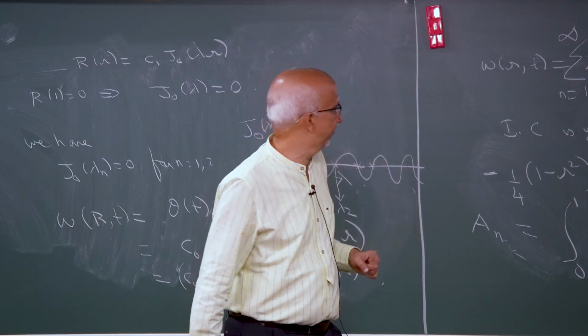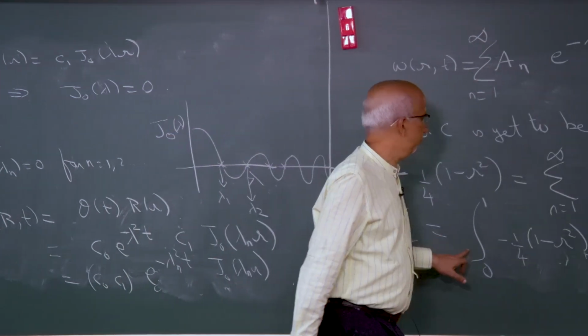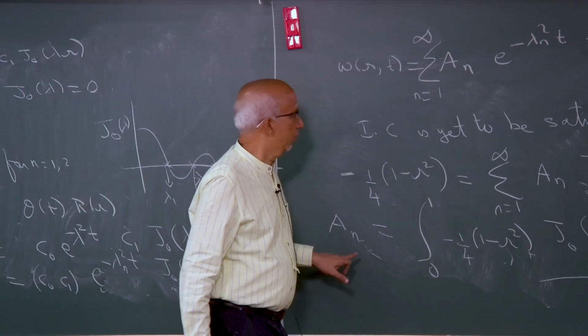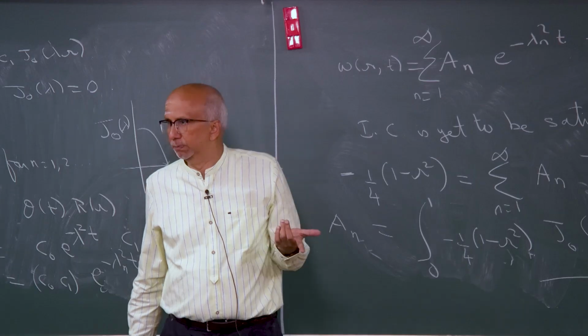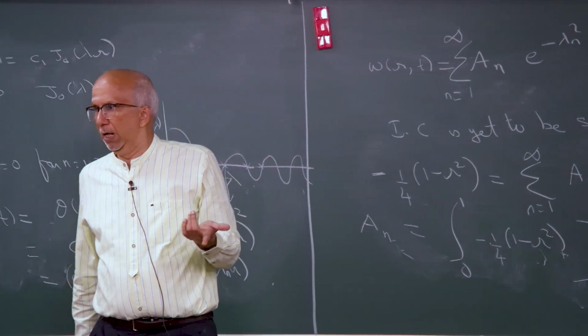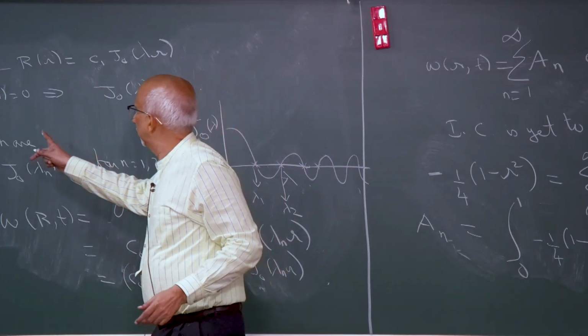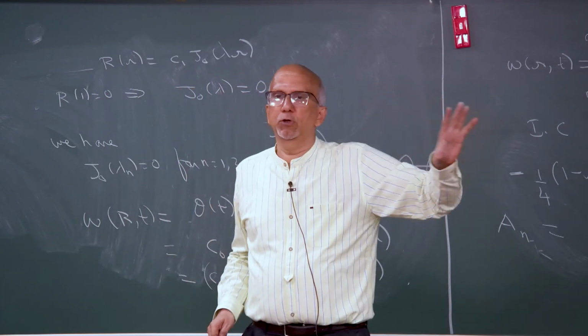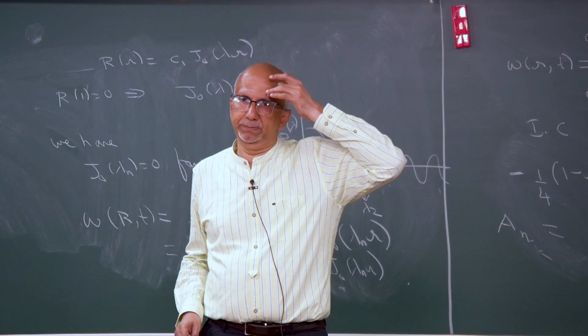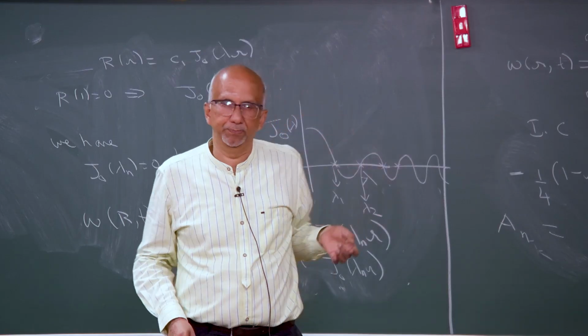Anyway, this is how you find a_n. Once you know a_n, you can substitute back and find w. Once you know w, you know the solution Vz. It is w plus Vz_ss, the steady state.